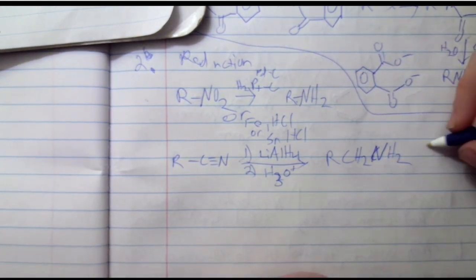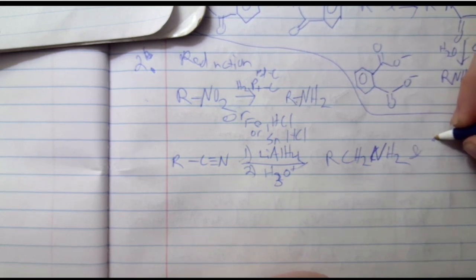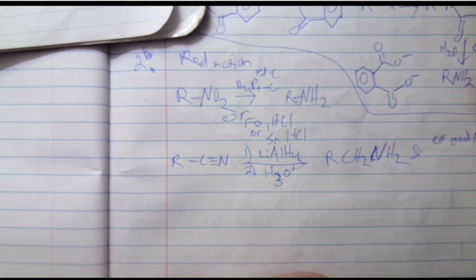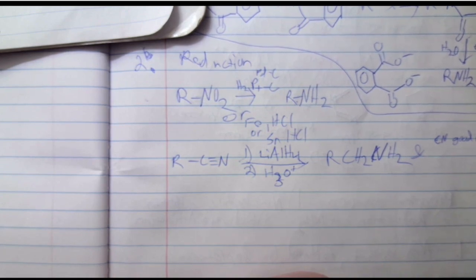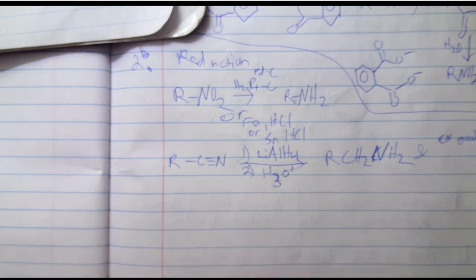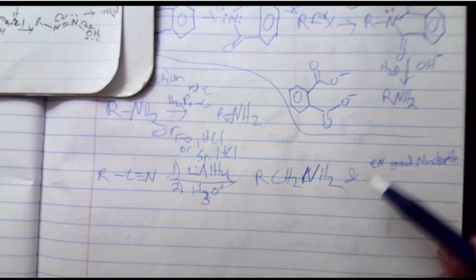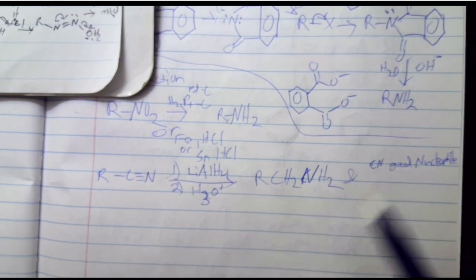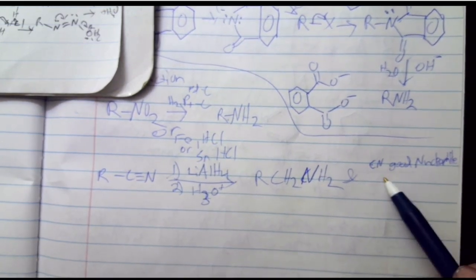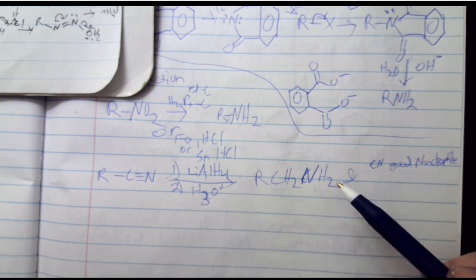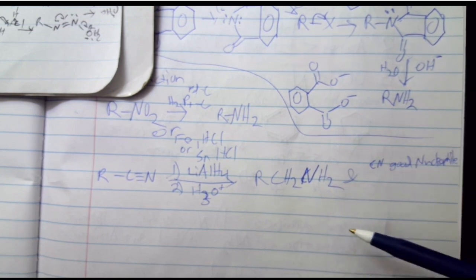And with that in mind, remember that CN is a good nucleophile. So you can easily add an amine by first adding in a cyanide group and then reducing it.